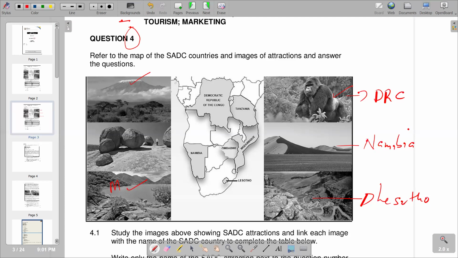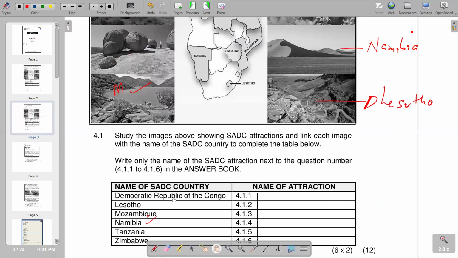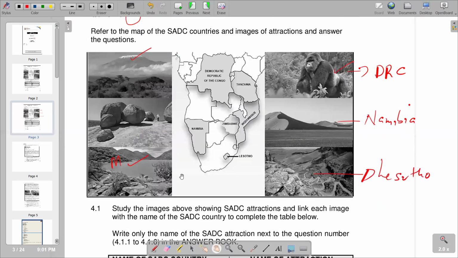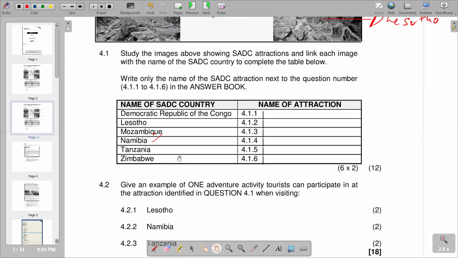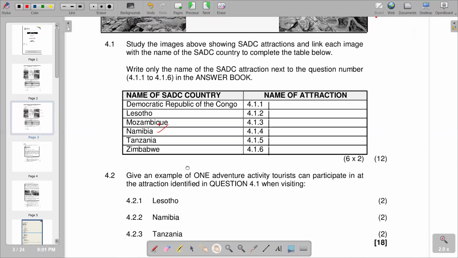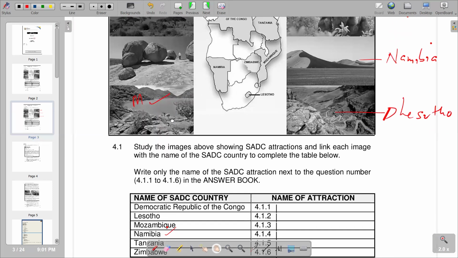On the last country that we have, let's try to see, we have Zimbabwe. We also have Lake Kariba. The last one is Zimbabwe, 4.1.6, but remember the lake we have already related to Mozambique.